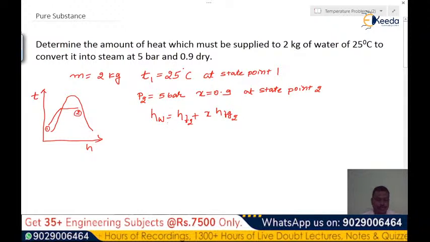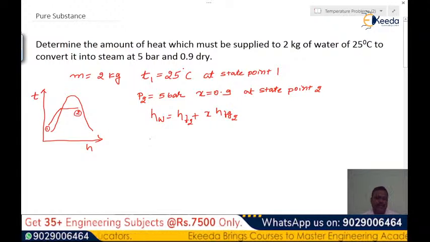This is the enthalpy of the wet steam at state point 2, and here we should determine the heat which must be supplied to 2 kg of water at 25 degrees Celsius to convert it into steam at 5 bar and 0.9 dry. So what is the heat that must be applied?